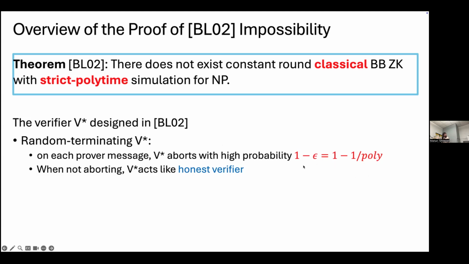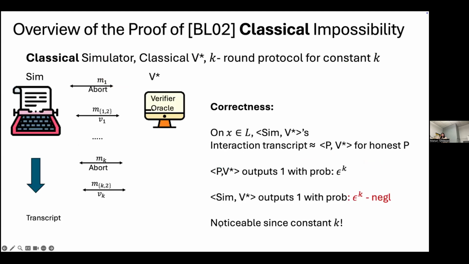But otherwise, with 1 minus inverse poly probability, it would simply abort. It would just say, okay, I just don't like you for no reason, let's stop the protocol. But when not aborting, V star would act like an honest verifier and say, okay, I kind of like you, I'm going to output the next verifier message honestly. So this is the design of V star.